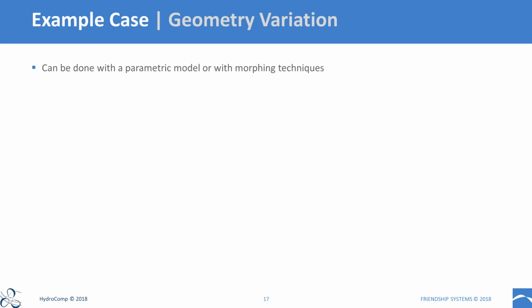So the first step that we have to do for this optimization task is to get the possibility of changing the geometry of our hull form, and this can be done basically with two different approaches in CAESES. The first one is we set up a parametric model of the hull form.